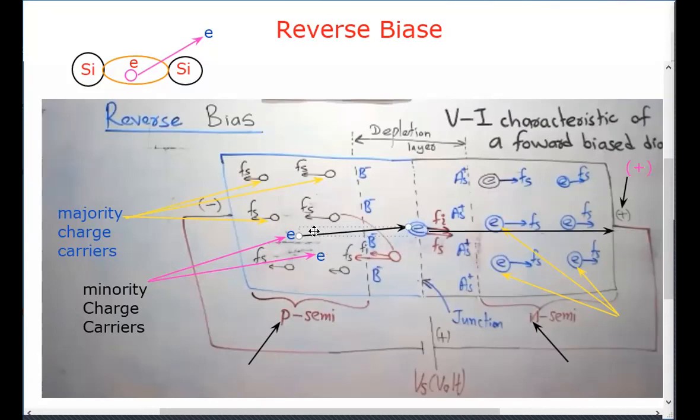Even if you consider this electron when it is on the P semiconductor side, listen here. This is the negative terminal of the battery. Can you see? Negative terminal of the battery, negative electron. So negative and negative, will they attract or repel here?